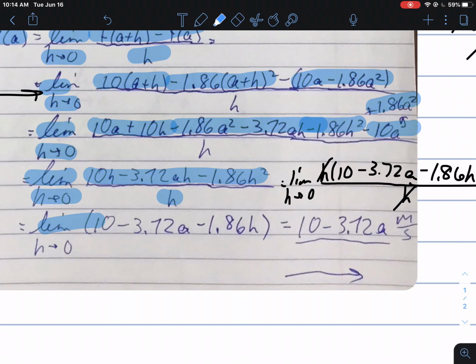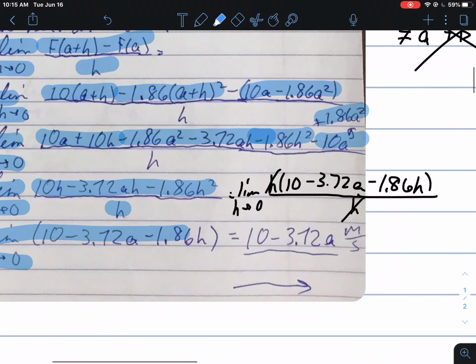But now I can plug in h equals 0. And so then once I plug in h equals 0, notice I drop the limit statement. I've got 10 minus 3.72a minus 1.86 times 0.